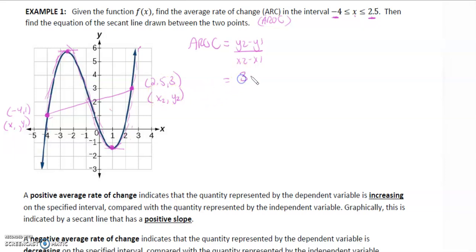So we're going to get 3 minus 1 over 2.5 minus -4. 3 minus 1 is 2, and 2.5 minus -4 is 6.5. If we do 2 divided by 6.5, we're going to get 4 over 13, that's just times 2 times 2. We don't usually use decimals in fractions, so we want integer values.